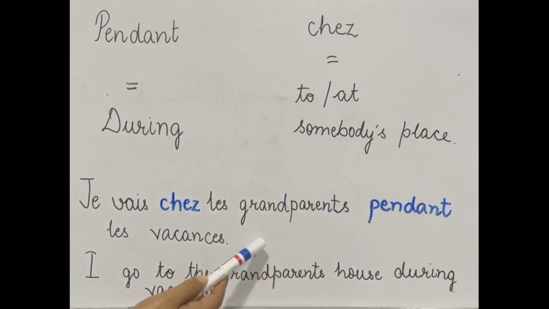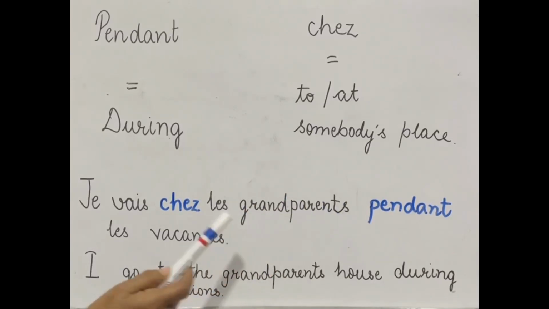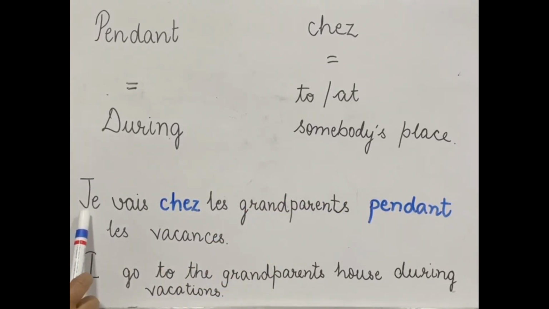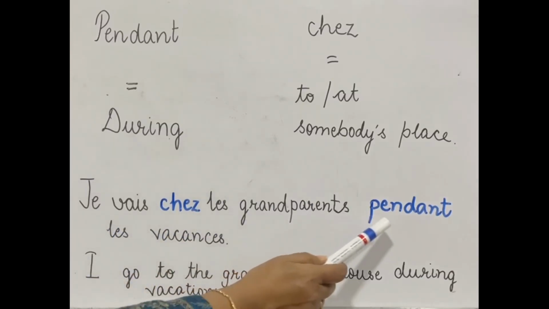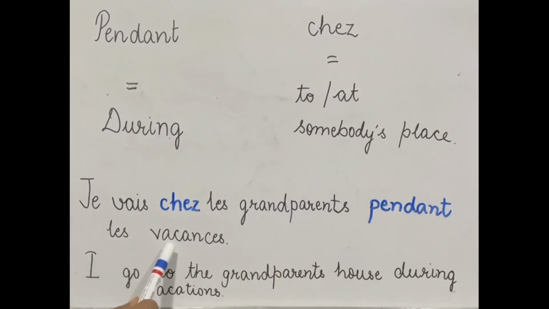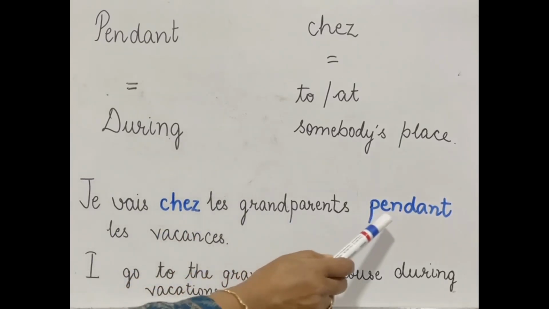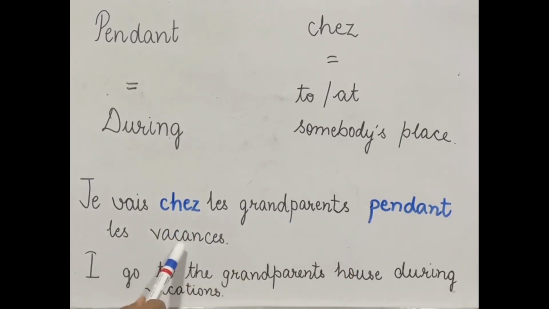I'll make you understand with the help of this sentence here. It is Je vais chez les grands-parents pendant les vacances. I repeat. Je vais chez les grands-parents pendant les vacances. Here, je means I. Vais is verb aller. You can refer to the video lesson related to verb aller to see the conjugation here.